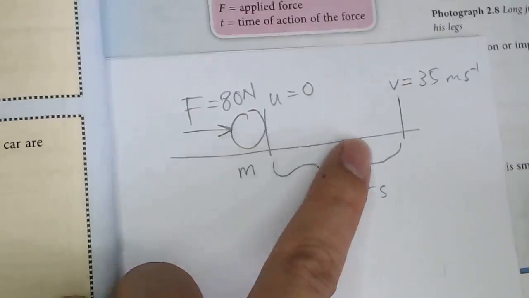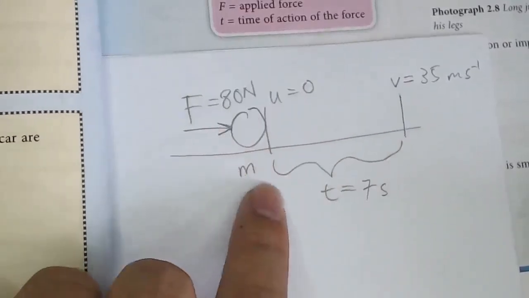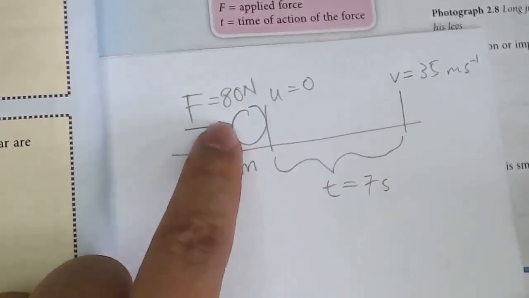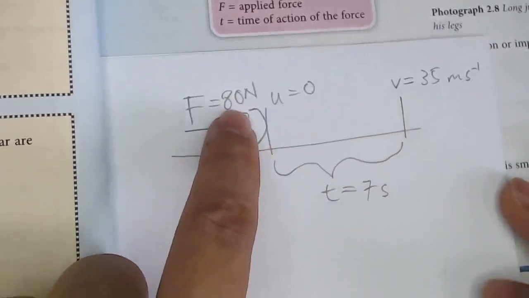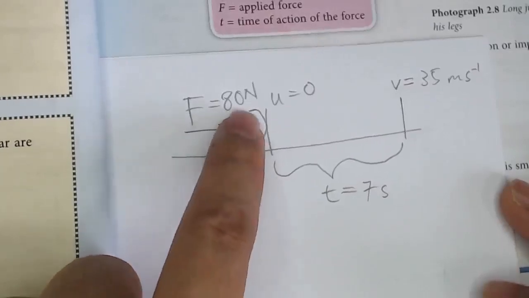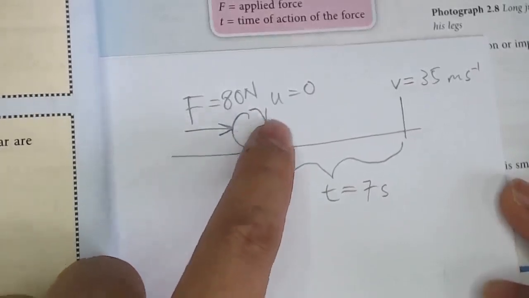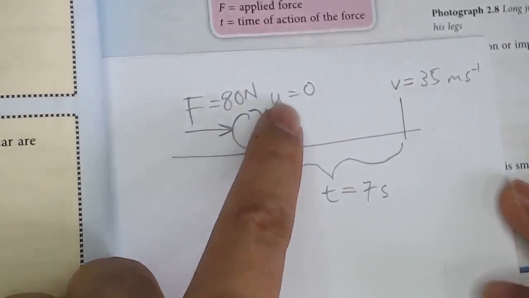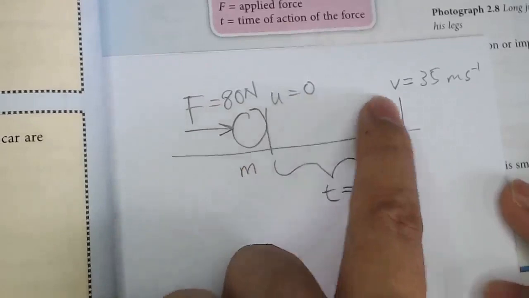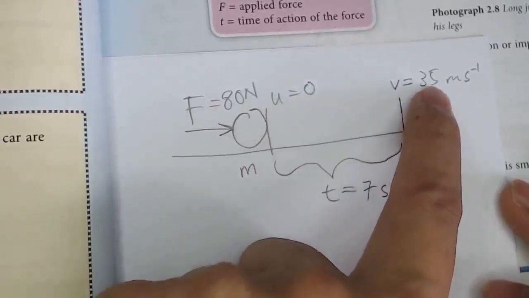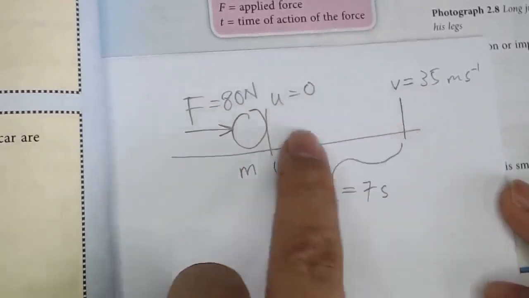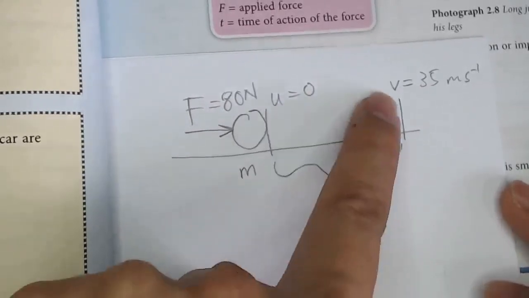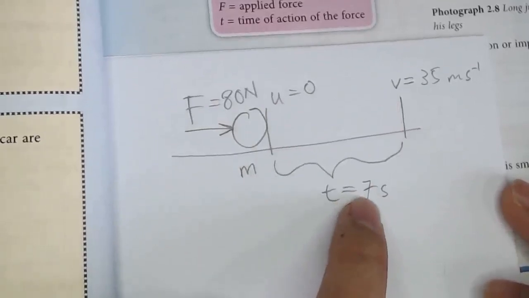Okay, again, now how are you going to imagine to relate all of the components? This is how you read the situation. The force 80 Newton exerts on this object, which moves this object from U, that is 0, to V, that is 35 meter per second. And from U to V, it takes 7 seconds.